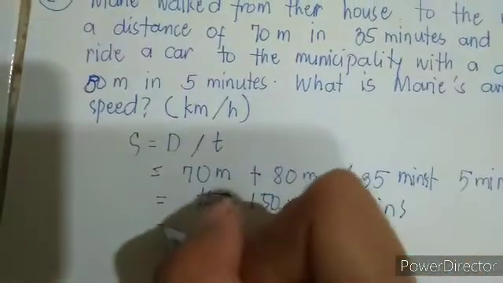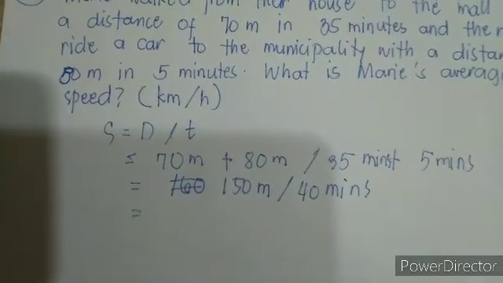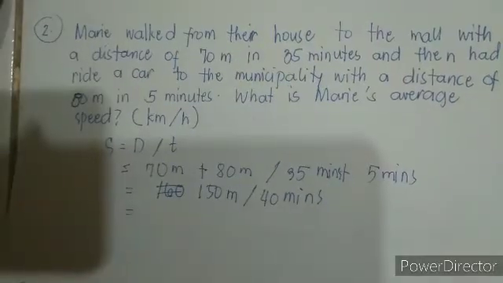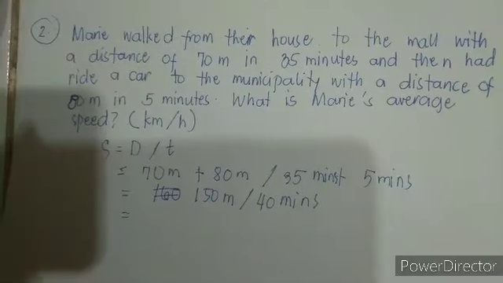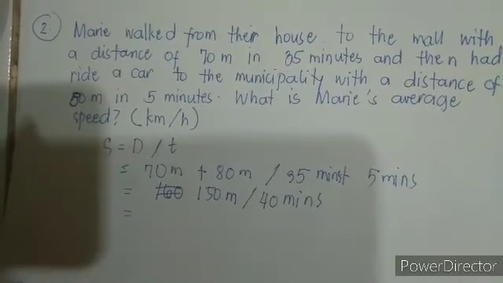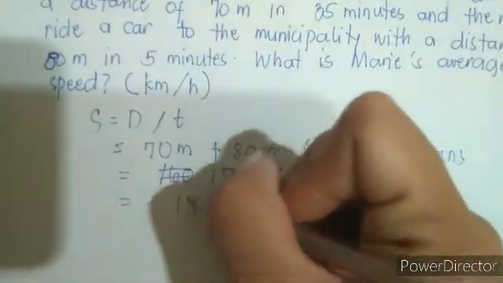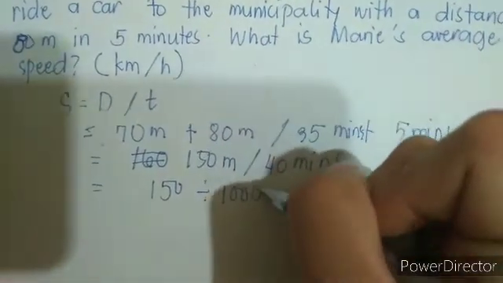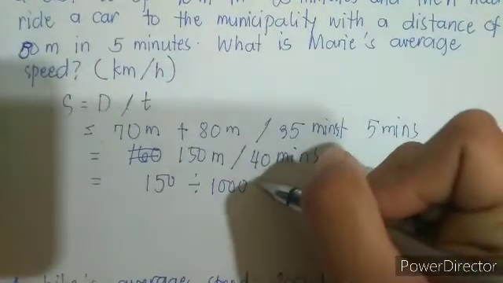So the next step is we would convert meters to kilometers and then minutes to hours. If we have 1000 meters, that's equivalent to 1 kilometer. So let's divide 150 by 1000 in order for us to get the kilometers.